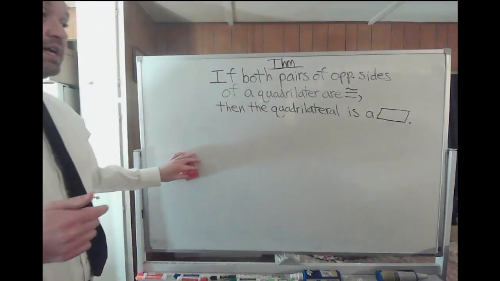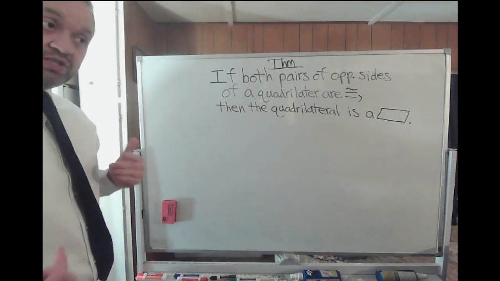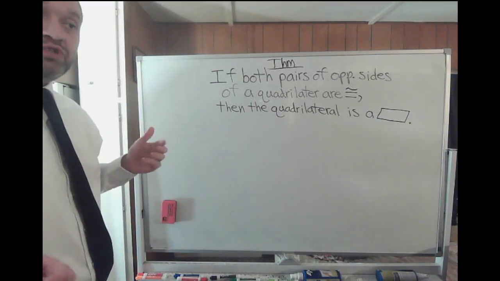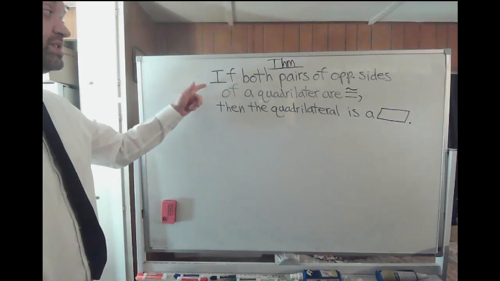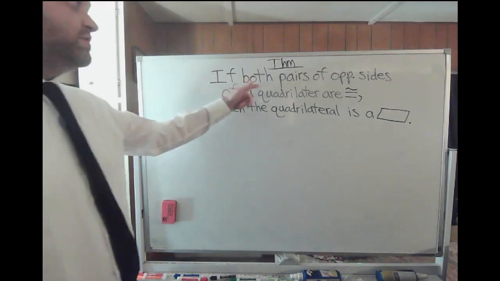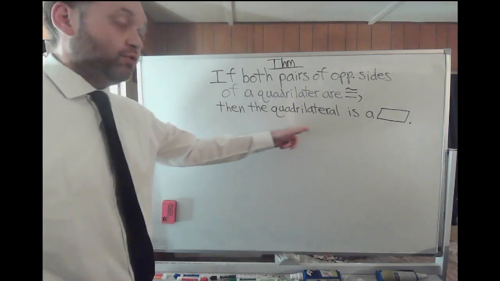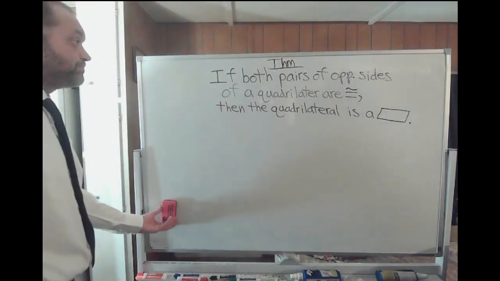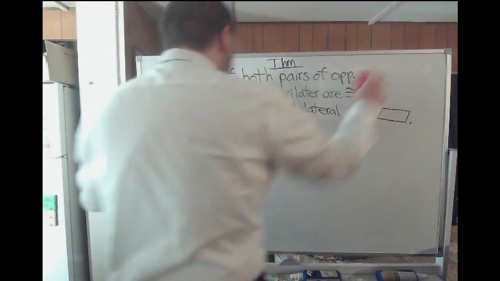So yesterday we talked about how in a parallelogram both pairs of opposite sides are congruent to each other. That was the theorem we had. Well, this is now the converse theorem of that: if both pairs of opposite sides of a quadrilateral are congruent, then the quadrilateral is a parallelogram. Alright, that one was easy enough.